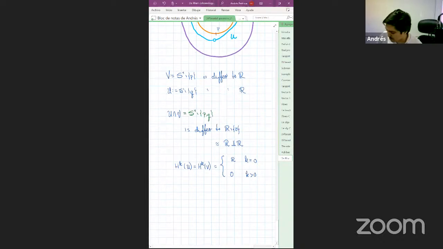Now, what about the cohomology of U intersection V, which is diffeomorphic to 2 disjoint copies of the reals? What is that?